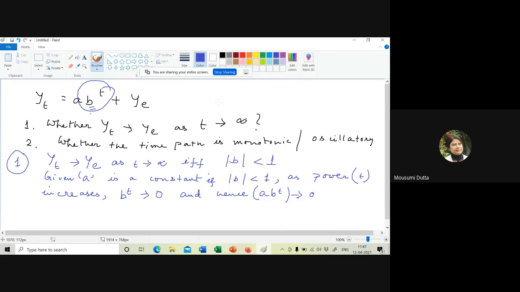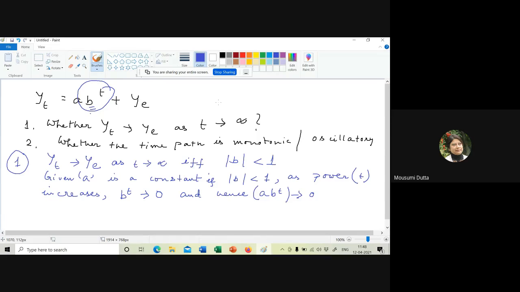So whether the time path will be stable or not, that is, whether the time path will be convergent or divergent, that will be determined by the absolute value of the parameter b.